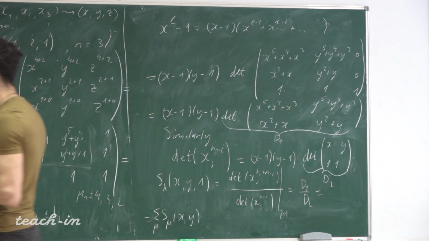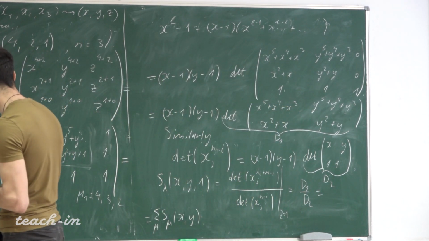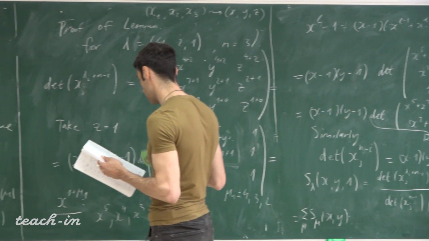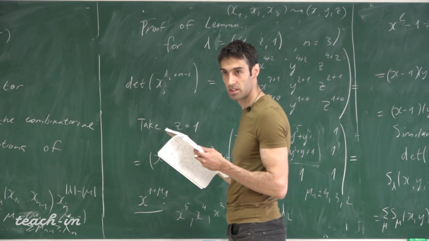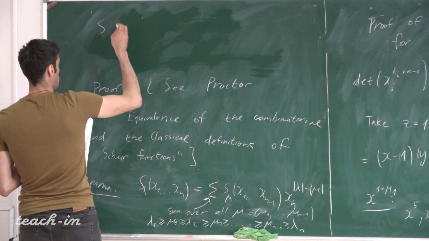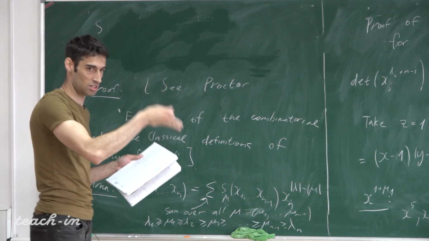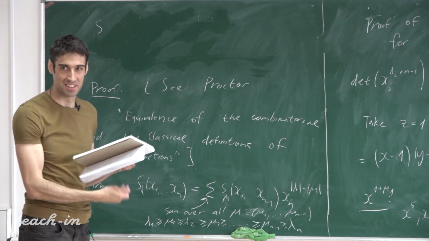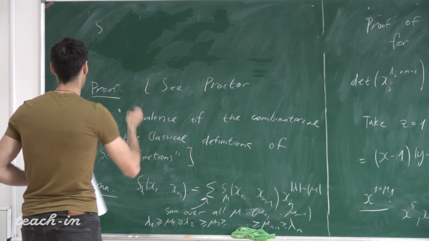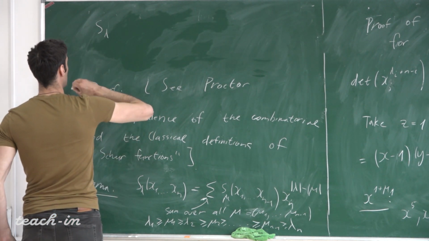so S lambda is actually a homogeneous polynomial of degree the number of boxes in lambda. So you can check it again. You just look at the formula and you see it. It's harder to explain than to just see it.